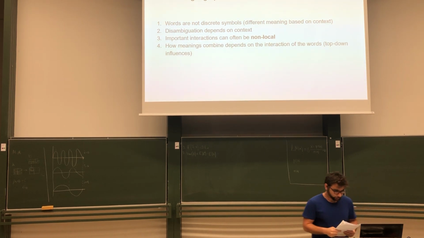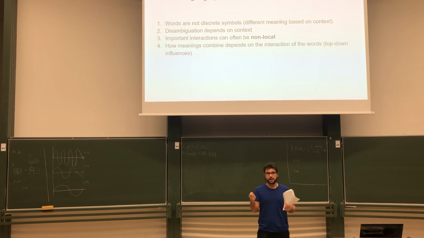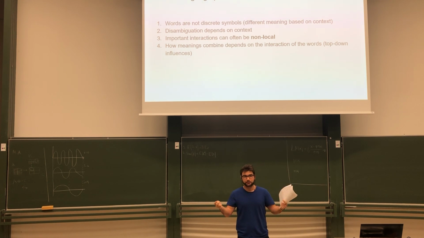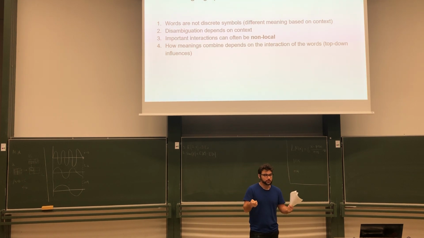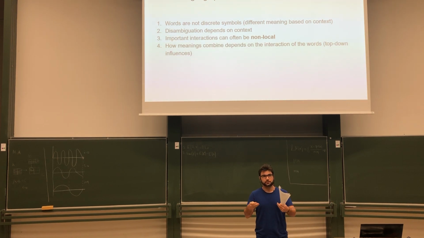So the really peculiar thing about language, and in general language is text, is that words are not discrete symbols. For example, do you remember how we encoded the label names when we wanted to train a convolutional neural network?